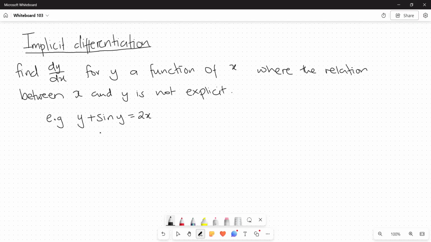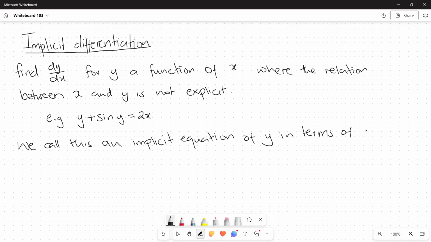Okay, so we call this equation an explicit equation of y in terms of x.